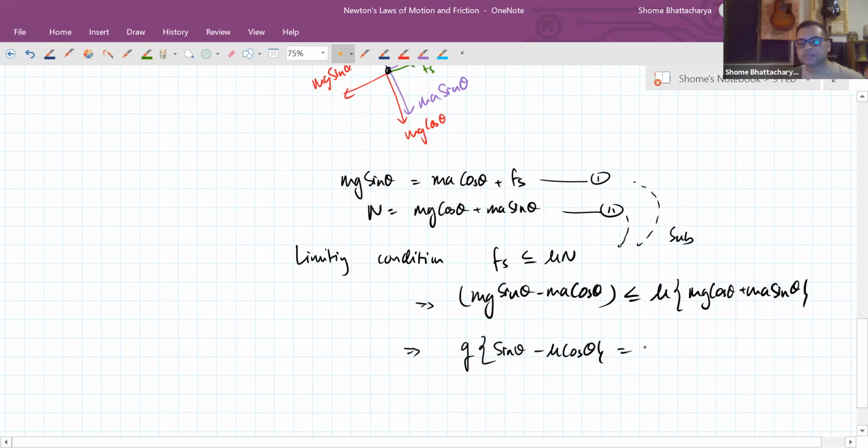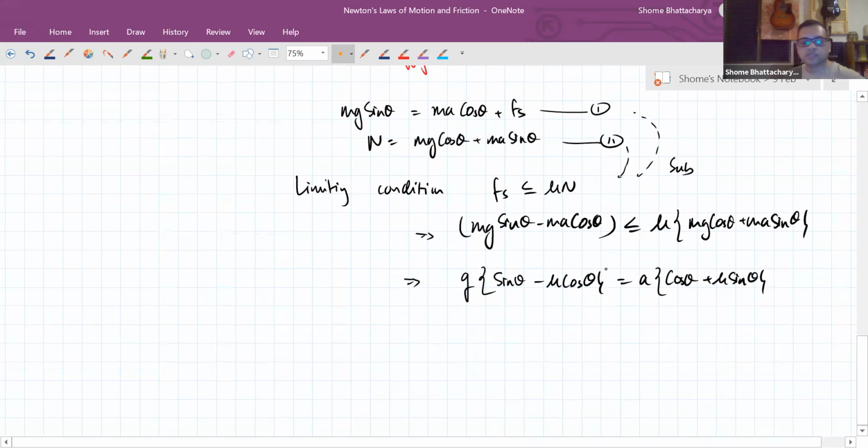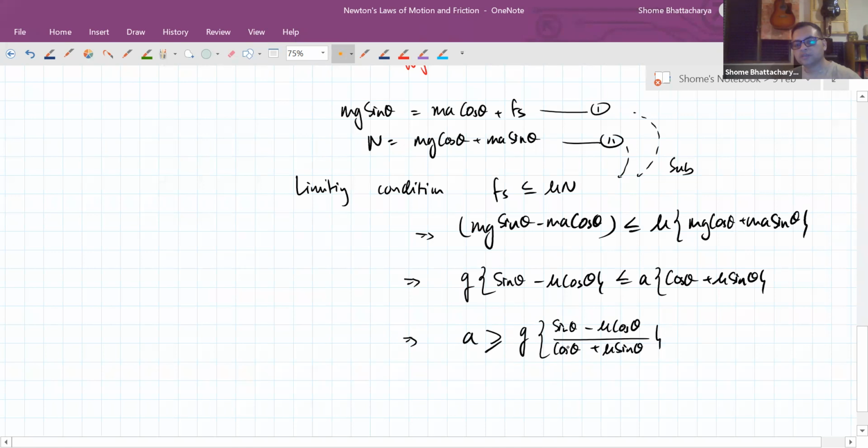Now on the right hand side, if we keep the terms of A, we have cos theta plus mu sin theta. So we have this equation now. Sorry, this is an inequality, so this will be less than or equal to. So if we just reverse it to find the value of A, the condition on A is coming that A should be greater than or equal to g into this fraction, sin theta minus mu cos theta upon cos theta plus mu sin theta.